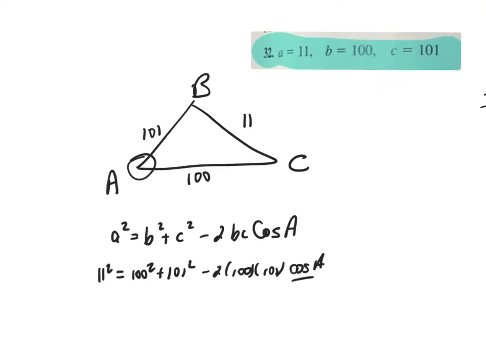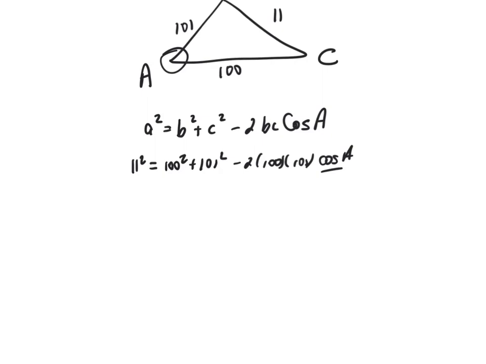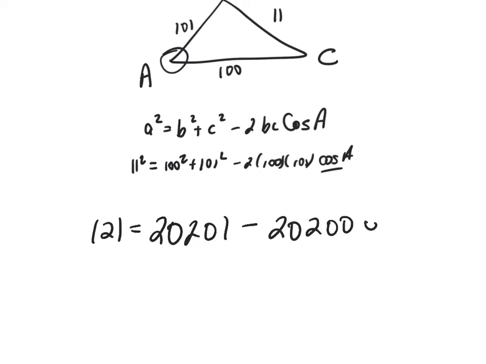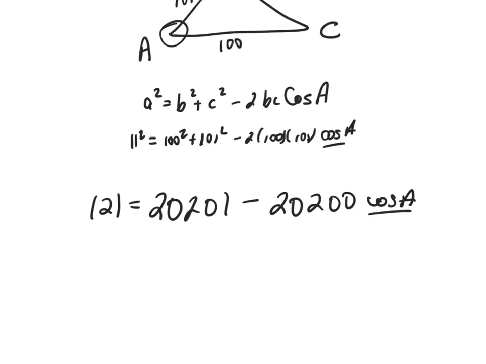Again, getting cosine of A isolated. So 11 squared is 121. 100 squared plus 101 squared gives me 20201, minus 2 times 100 times 101, 20200, times the cosine of A. Again, getting cosine of A by itself.